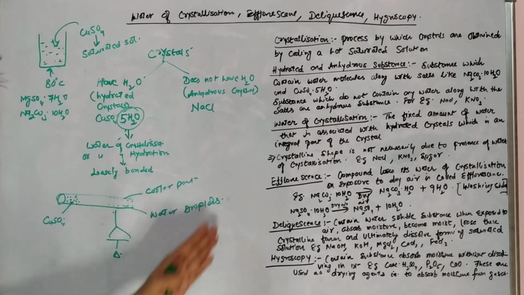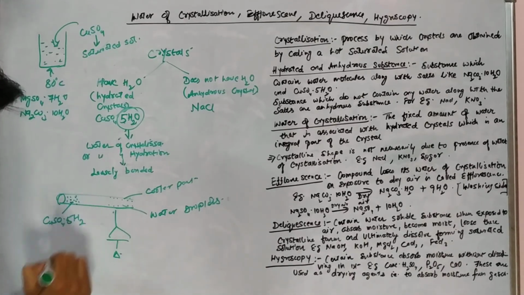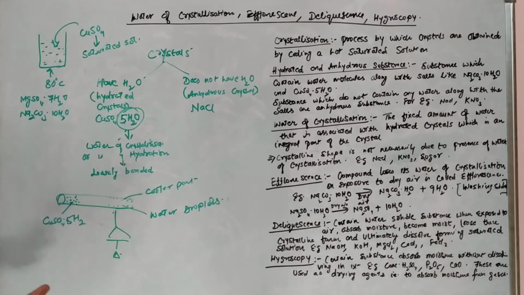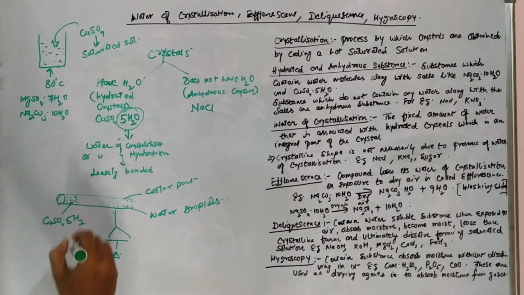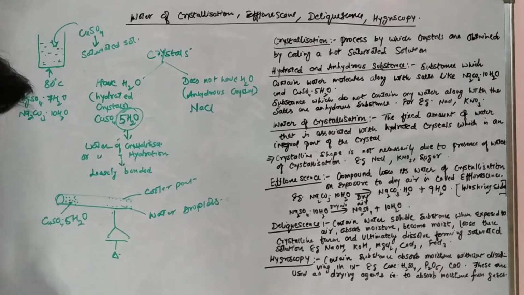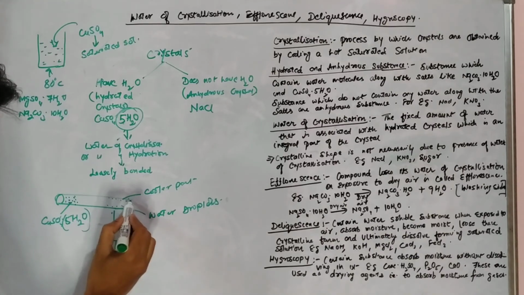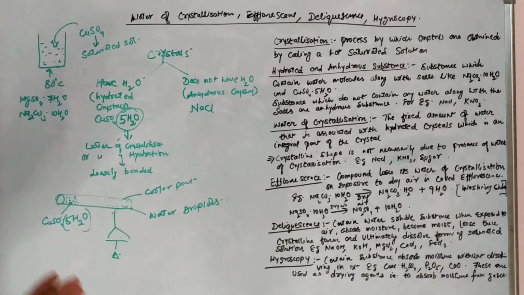So this proves that crystals of copper sulfate contain water molecules, and these water molecules are what you see deposited at the cooler parts of the test tube.